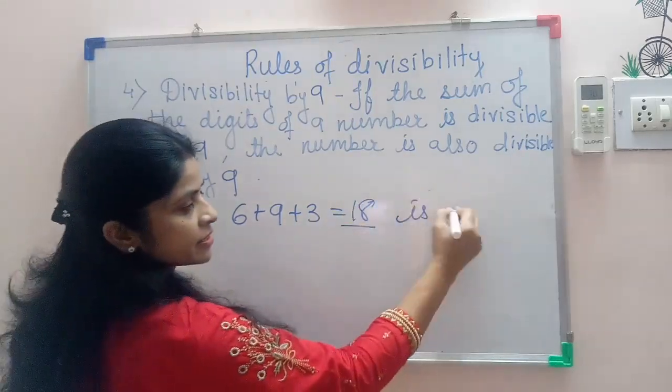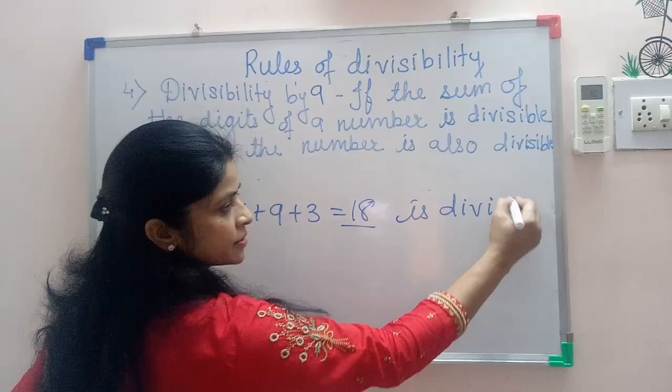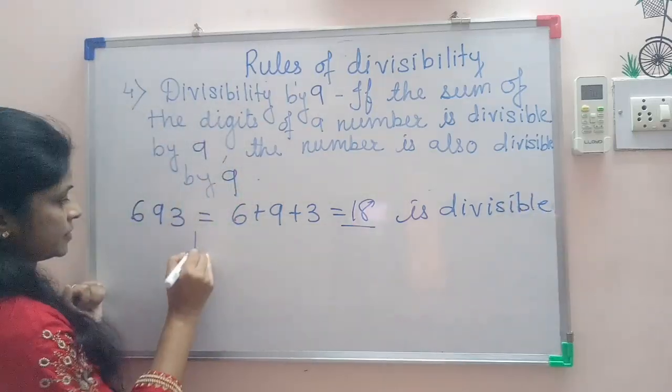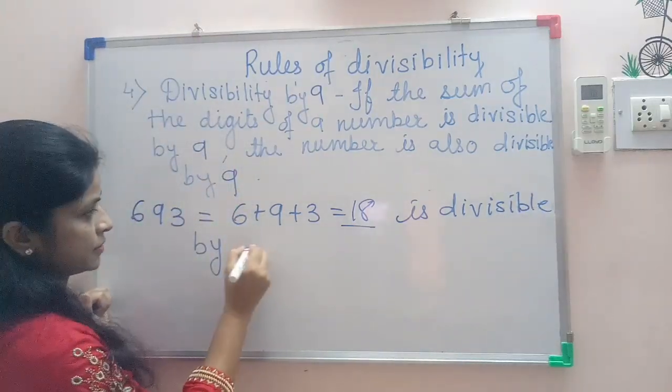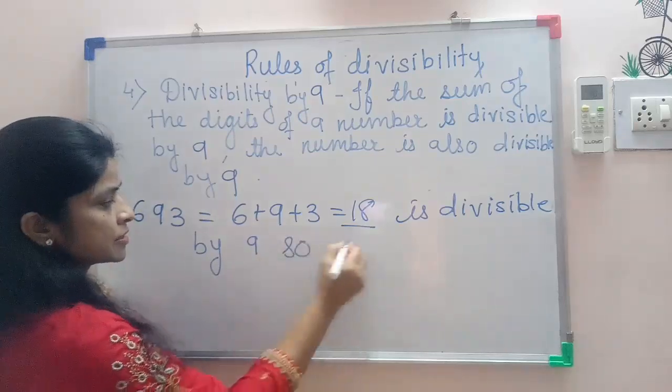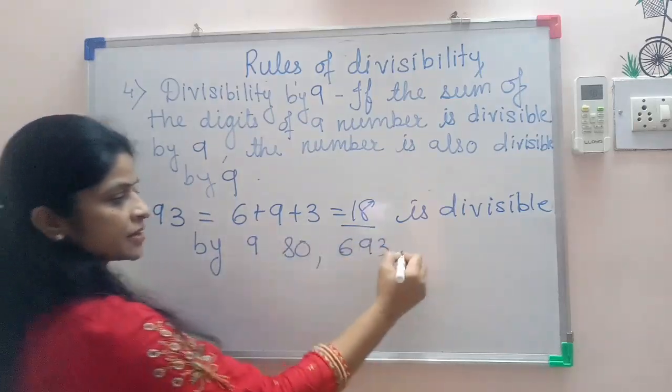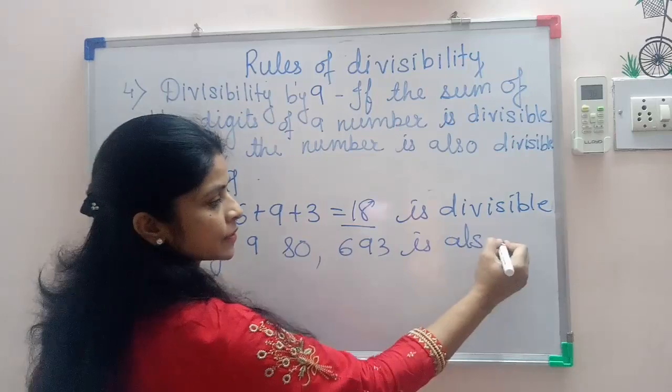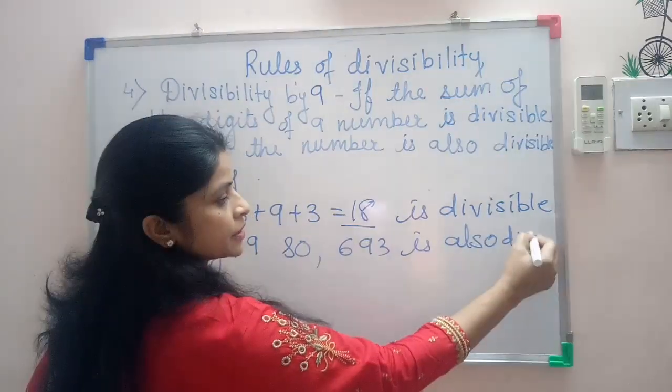The sum is divisible by 9. So 693 is also divisible by 9.